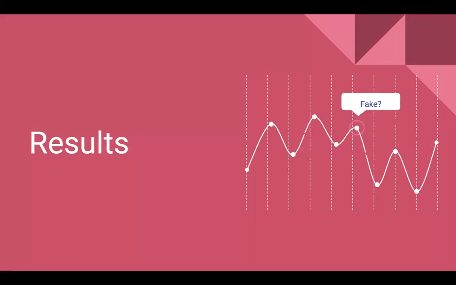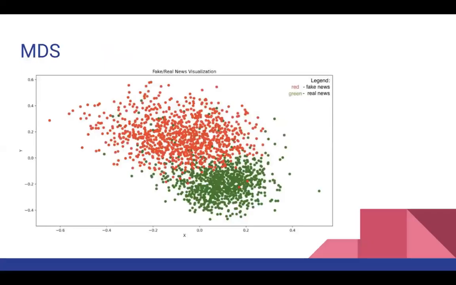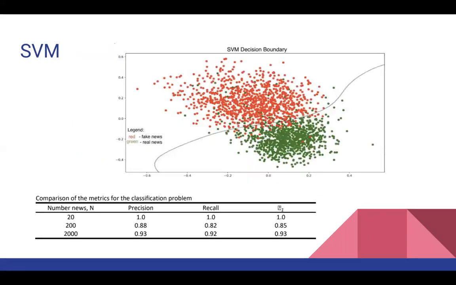Results. A number of experiments were conducted to test the proposed approach and to evaluate the validity of the feature vector. For MDS, we made a 2D graph. As we see, green is real news, red is fake news. And after classifier training, we detected the line that separates them.